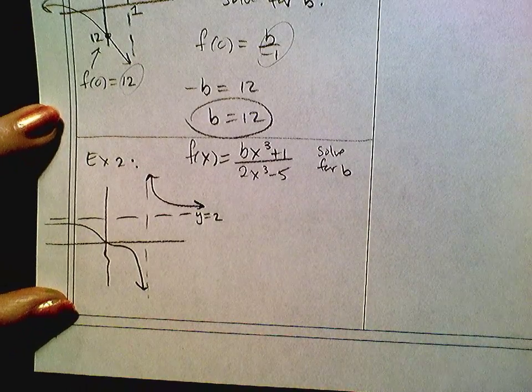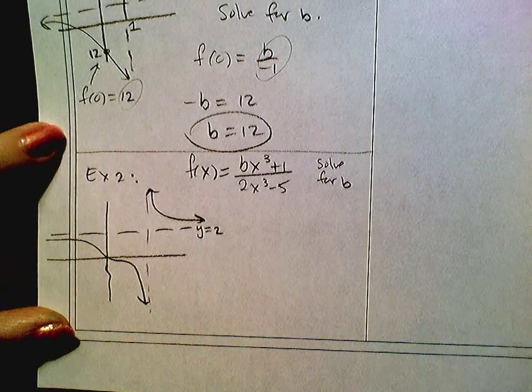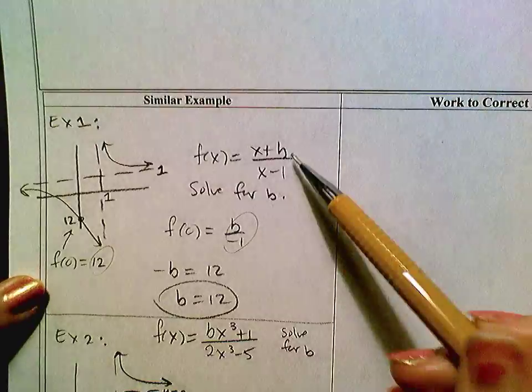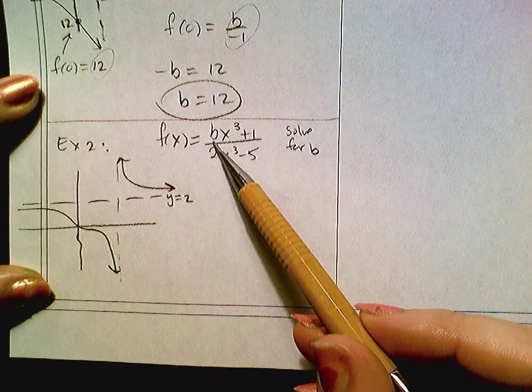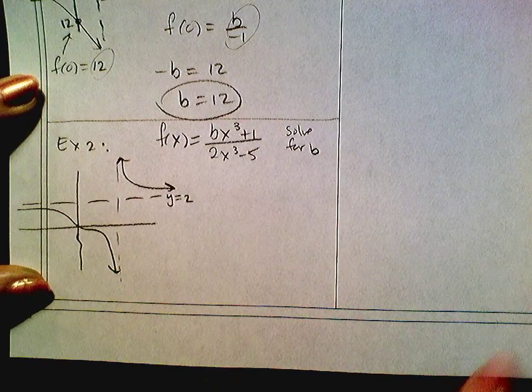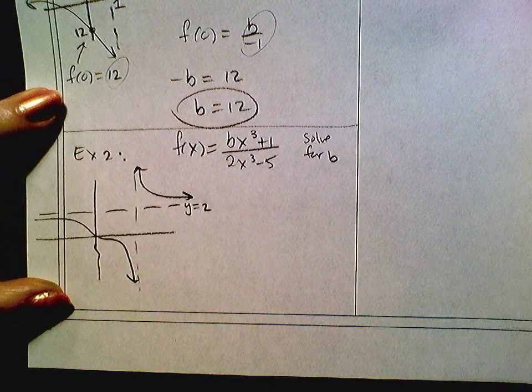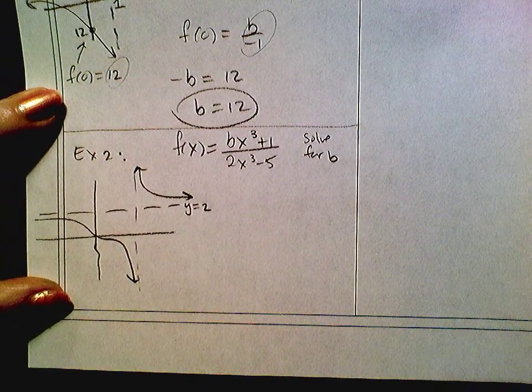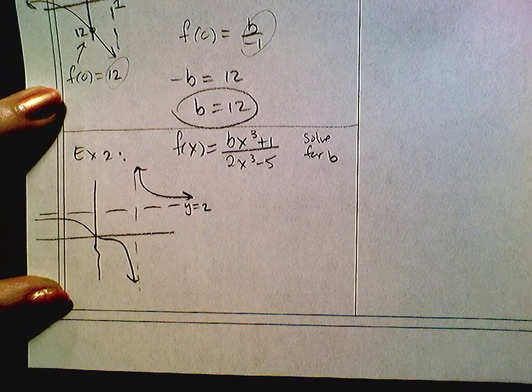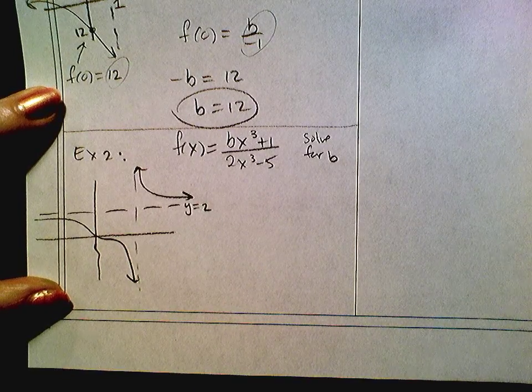This time, b is a coefficient on one of the leading terms. Here b was one of the constant terms. And guys, it's the leading terms that determine the asymptotes of a rational function.